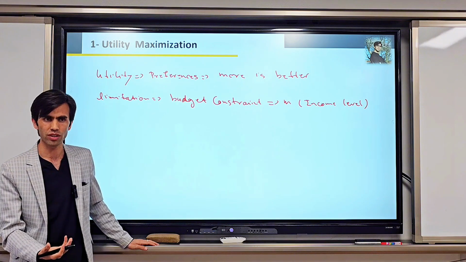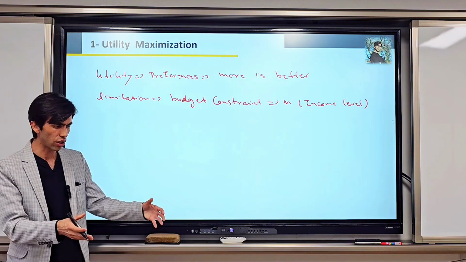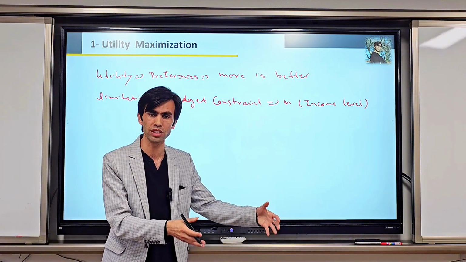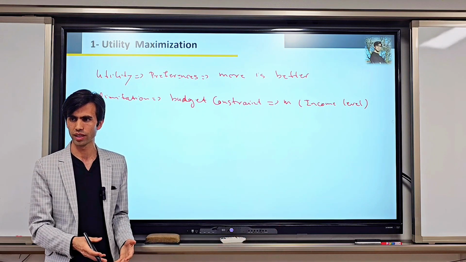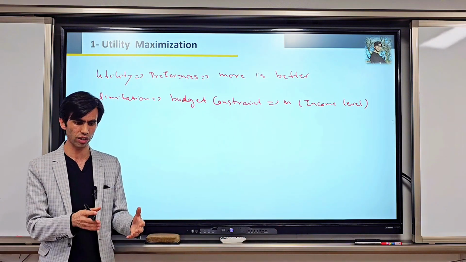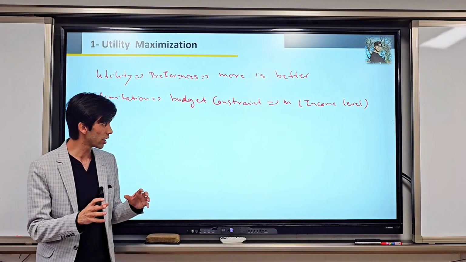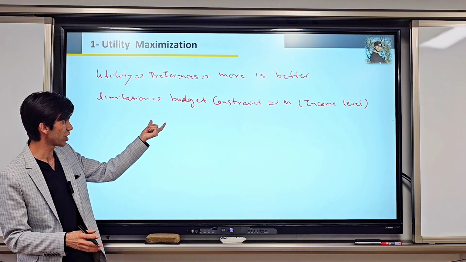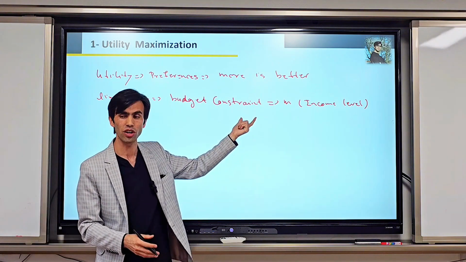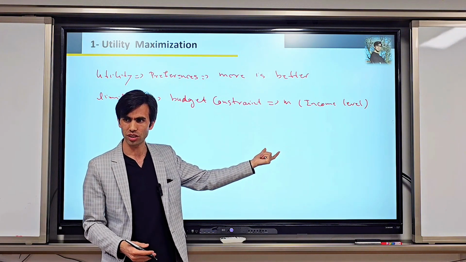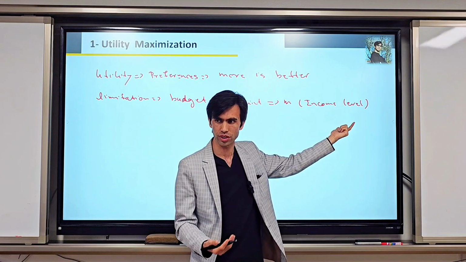For example, in some countries there are legal constraints that you cannot consume more than a certain amount of a good. It depends on different contexts. But in order to work on utility maximization, we just think about the budget constraint, which is observable. Because the budget constraint is your income level, and you can observe it.